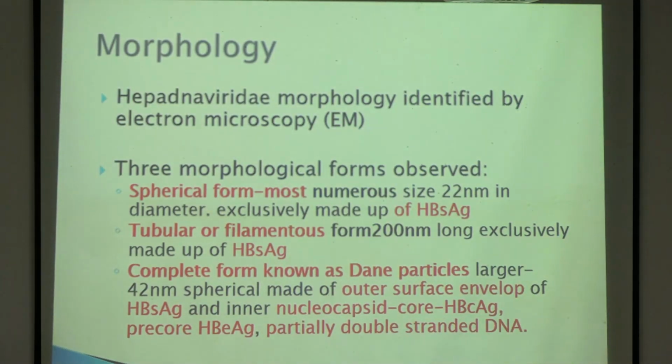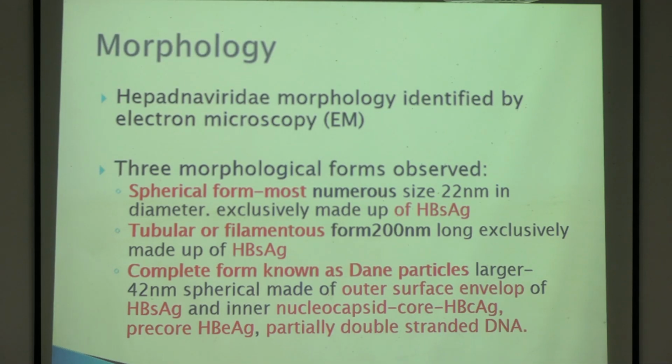First of all is the spherical form, the most numerous, and next what you need to know is what it is made up of. It is made up of the antigen HBsAg.